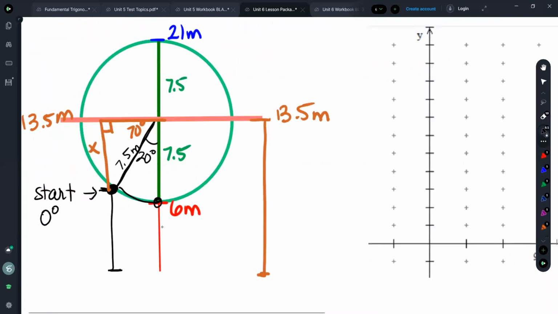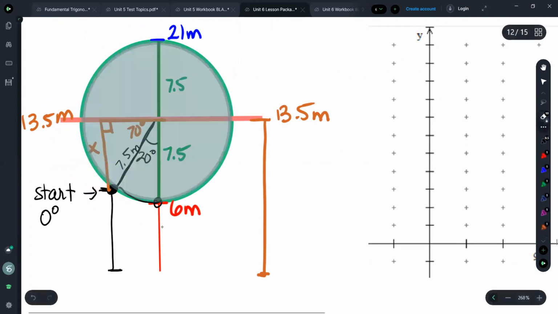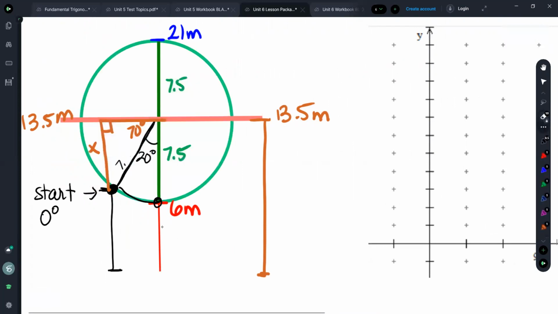You tell me. Oh, sorry, I guess maybe I shouldn't call that x. Maybe we'll call it a. So this is 70. This is 7.5.